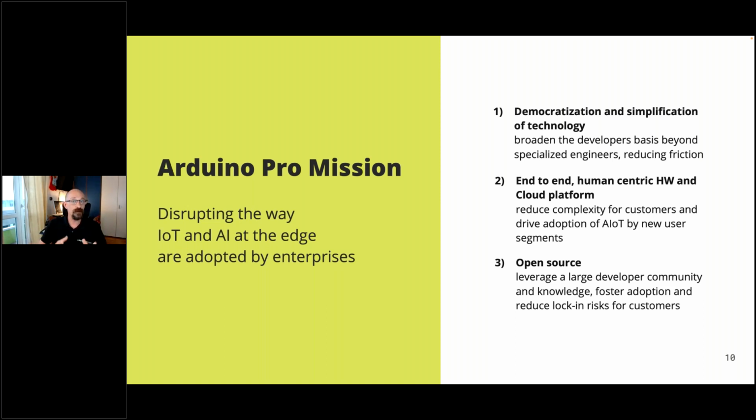This is the right way to promote technology: innovation without asking permission. The second one is an end-to-end, human-centric hardware and cloud platform. Again, reducing the complexity of putting everything together. So I have a board, I would like to connect it, and I would like to send data in the easiest and fastest way.